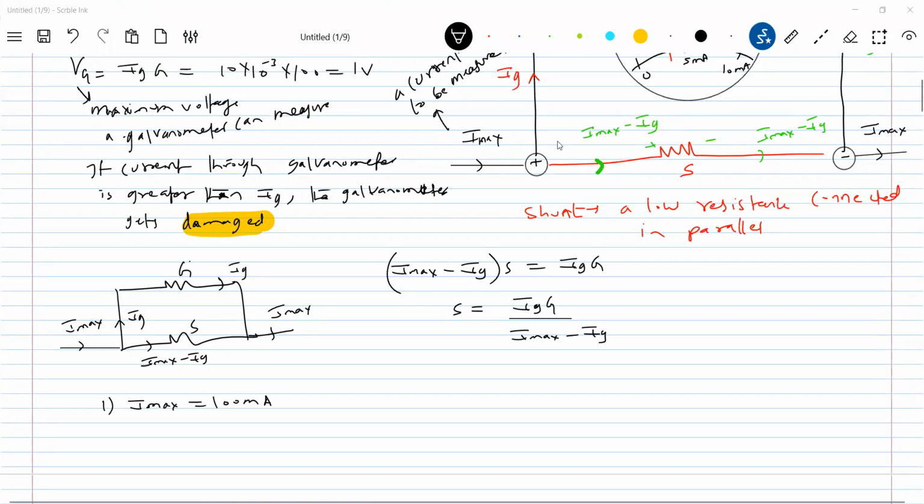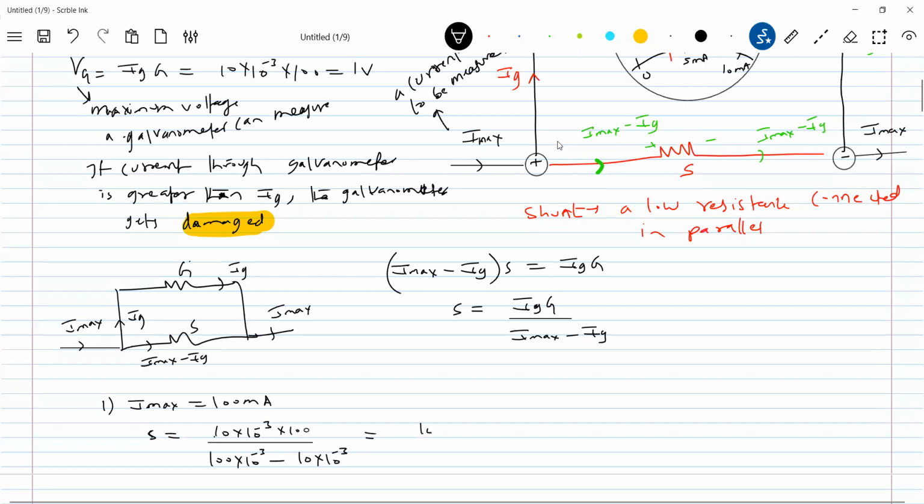So this should be equal to, on the numerator, 10 into 10 to the power of minus 3, times 100, that is 100 into 10 to the power of minus 3, divided by 100 into 10 to the power of minus 3 minus 10 into 10 to the power of minus 3.